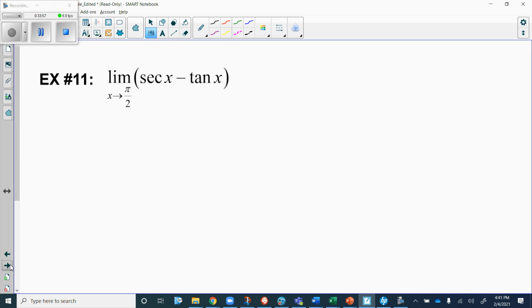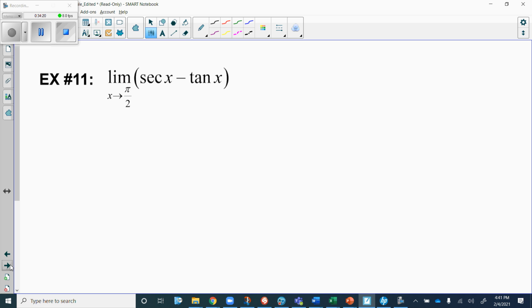So here again we have the difference of two expressions, secant of x minus tangent of x. And personally, whenever it's reasonable to do so, I prefer to look at any trig expressions in terms of sine and cosine.